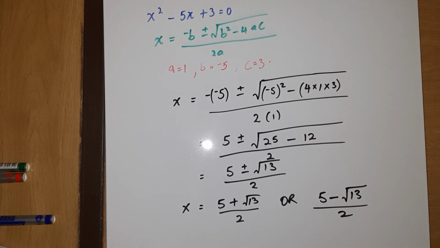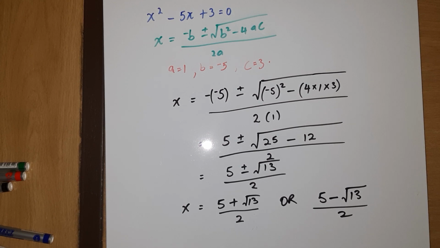Those are the two solutions to the equation. We can simplify further. If you want the values, you use your calculator, get the root of 13, add 5 and divide by 2, and you'll get your answer. Two different answers, but I just stopped there because we are mostly looking at the method.